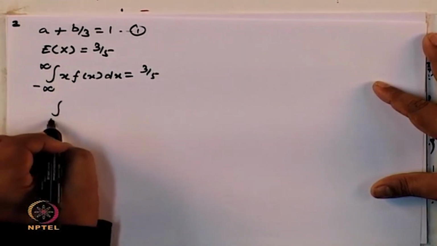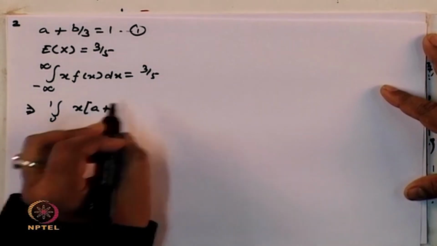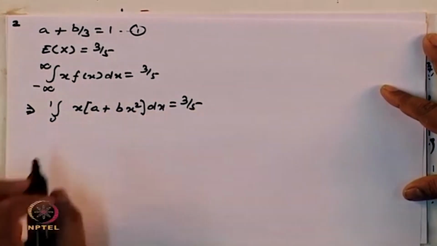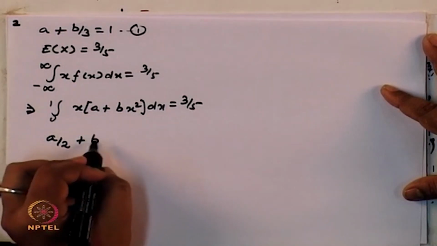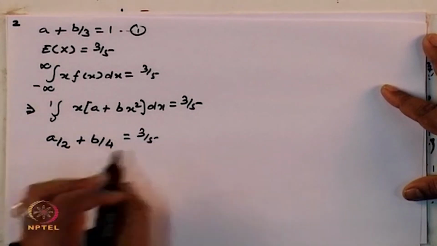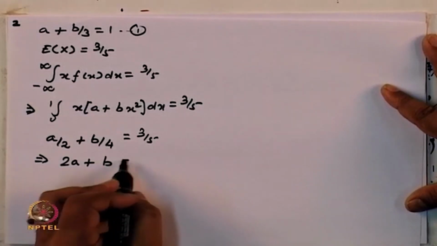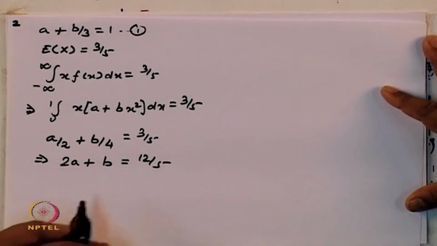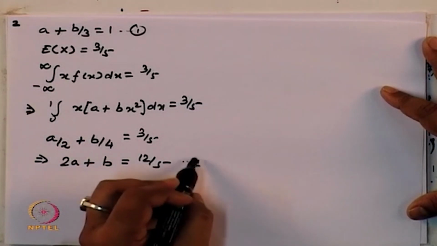So, this will boil down to a by 2 plus b by 4 is equal to 3 by 5, implying 2a plus b is equal to 12 by 5. This is equation 2.